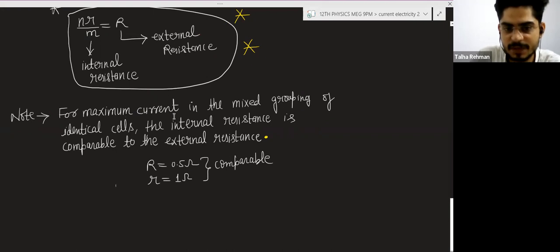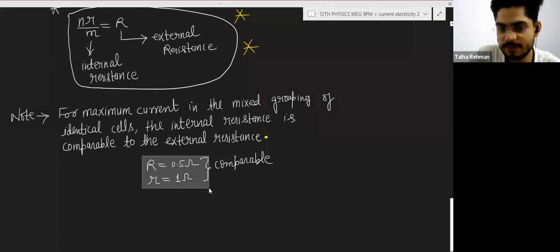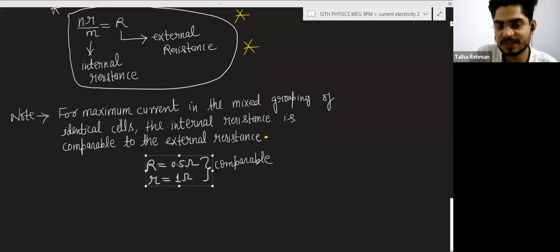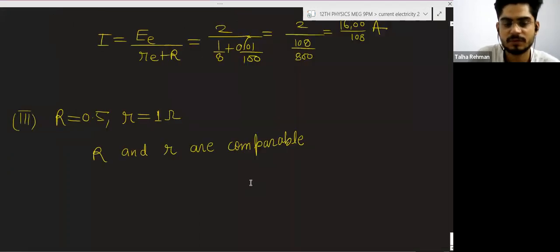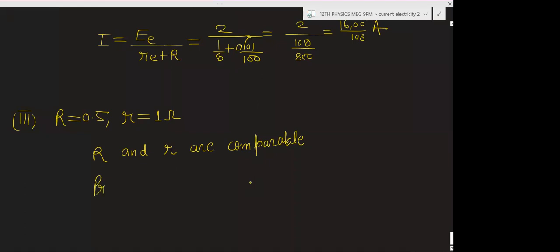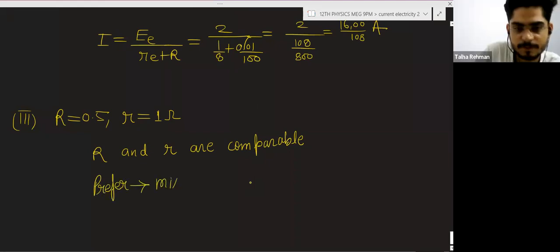So for maximum current, if the resistances are comparable, we will have mixed grouping of cells. Okay, so we will prefer mixed grouping.